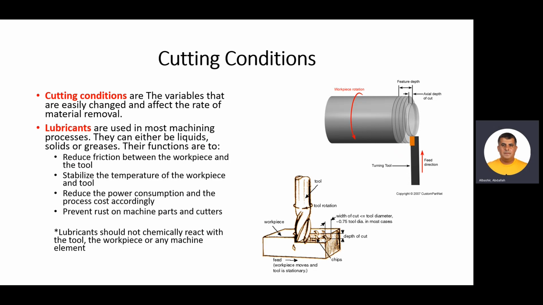Now, the functions of lubricants are mainly to reduce friction between the workpiece and the tool, to stabilize the temperature of the workpiece and the tool, to reduce the power consumption, and accordingly the cost, to prevent rust on machine parts and cutters. Lubricants should not chemically react with the tool, the workpiece, or any of the machine elements.